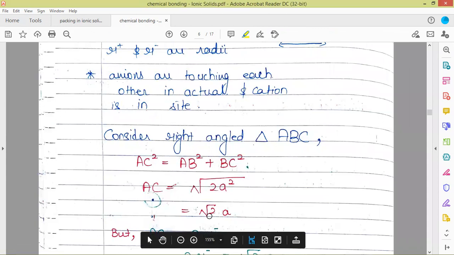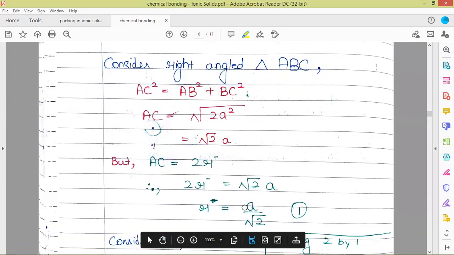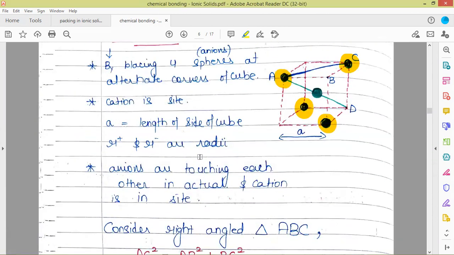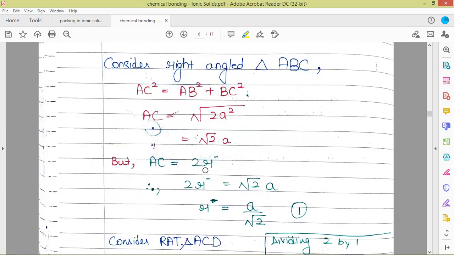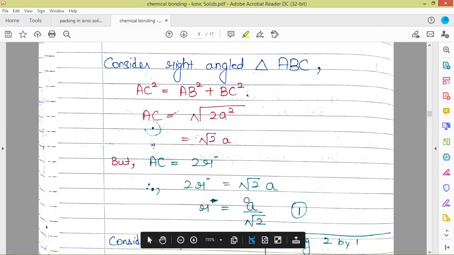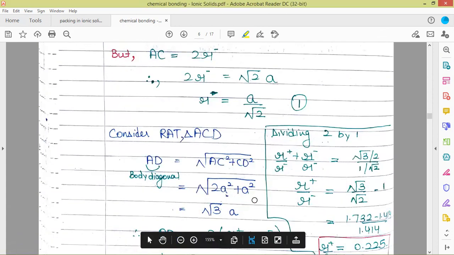So AC square is equal to 2A square, and AC is equal to root 2 of A. This is just simple mathematics which we have applied. Also AC is the length where two anions are touching each other, as they are making the tetrahedral site. So this is also equal to 2r negative, that is twice the radius of anion. So from here we have the value of r negative, that is A by root 2.